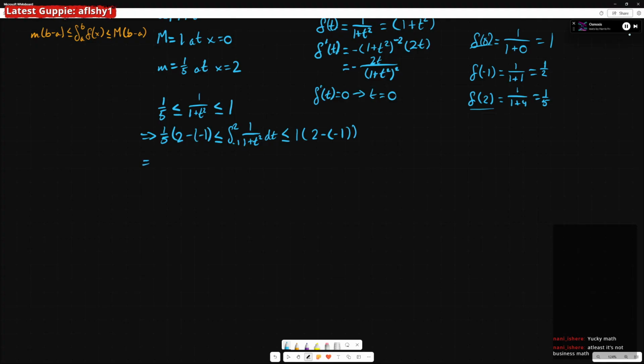Which then simplifies to 3 and 3/5. Which implies 3/5 is less than or equal to the integral from -1 to 2 of 1 over 1 plus t squared dt, which is less than or equal to 3.